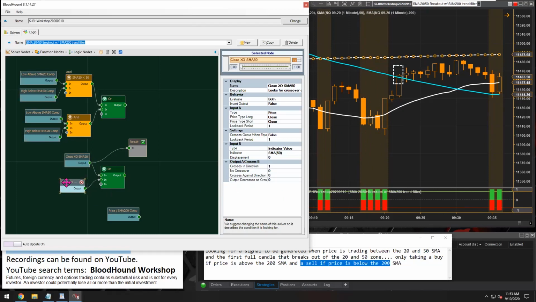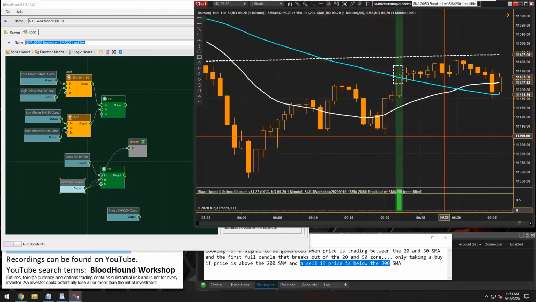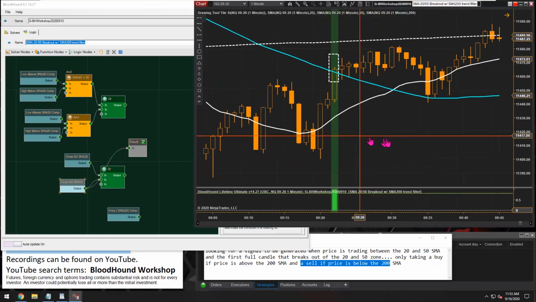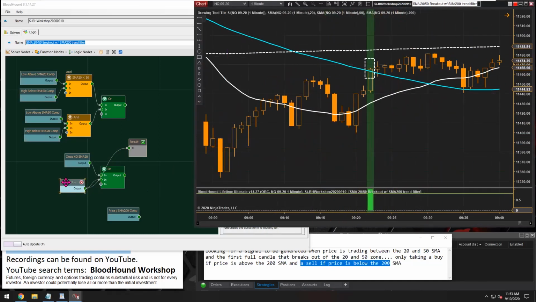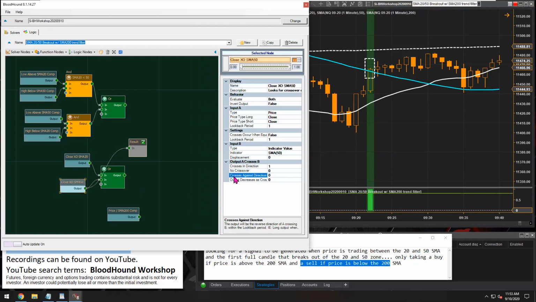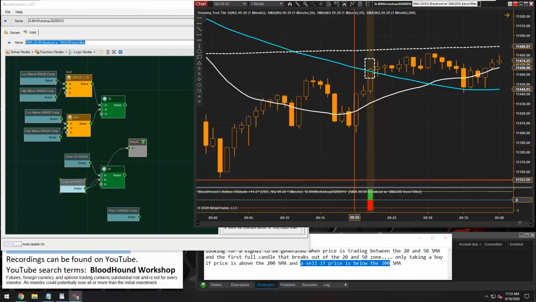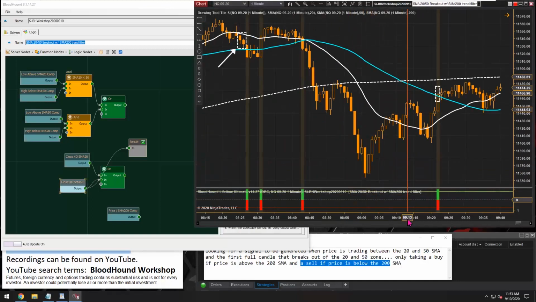And so the same thing for the SMA 50 here. If we look at the SMA 50, I'm only getting a signal in one direction. So if I set crosses against direction to 1, so I have crosses in direction and then crosses against direction, that gives me a long and a short output.